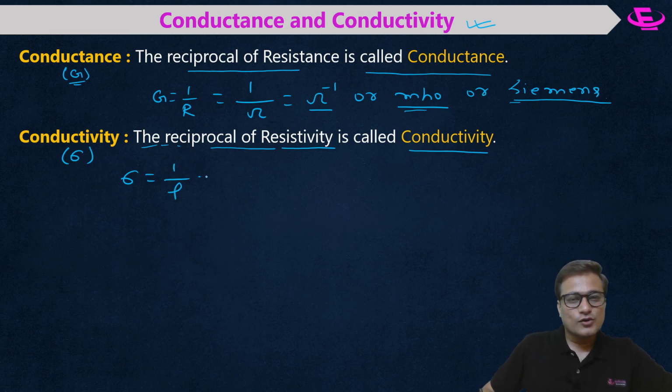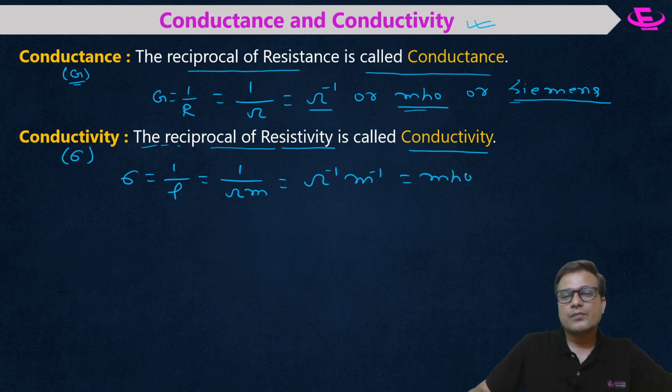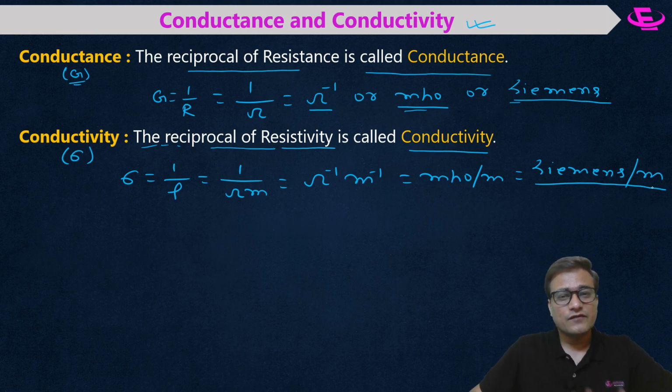Now what will be the unit? The unit will be 1 upon ohm meter, or ohm inverse meter inverse, or mho per meter, or Siemens per meter. This will be the unit of conductivity.